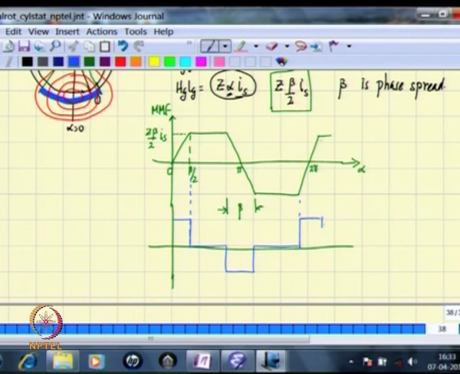This is your waveform. And what is the value of the derivative? Derivative is the slope. So Z beta by 2 is the amplitude here into Is divided by beta by 2. So it is Z times Is is the amplitude.